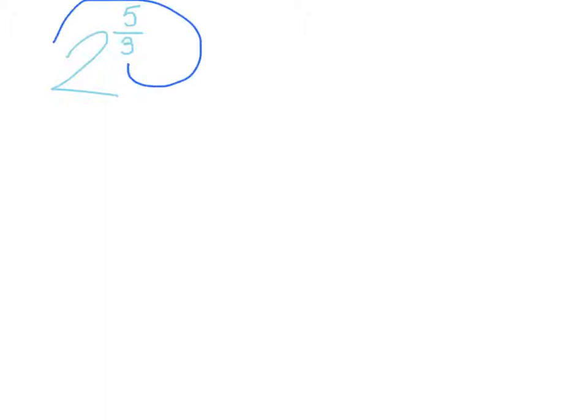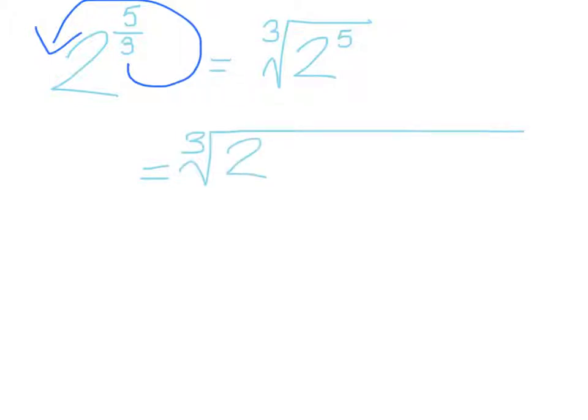I'm going to take the 3 and bring it to the outside, and that's going to be equal to the 3rd root of 2 raised to the 5th power. So let's think about what that means. That means I'm taking the 3rd root of 2 times 2 times 2 times 2 times 2, 5 times.